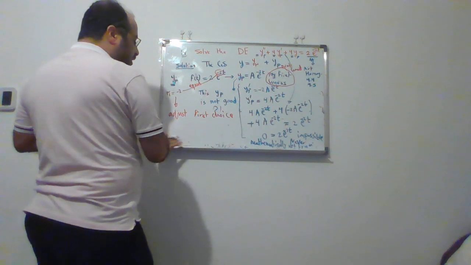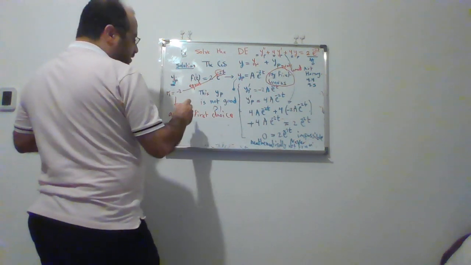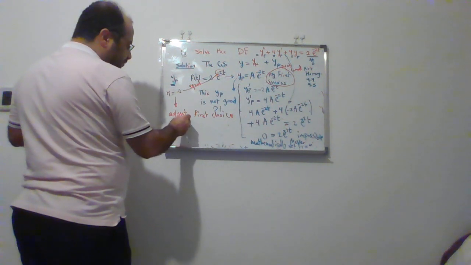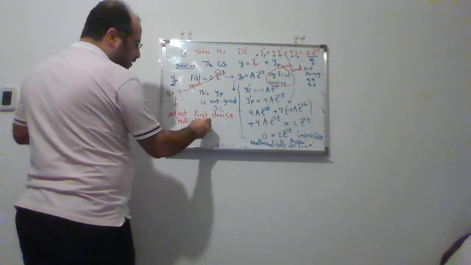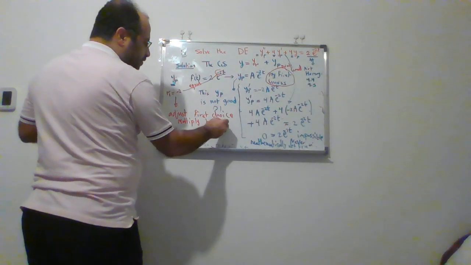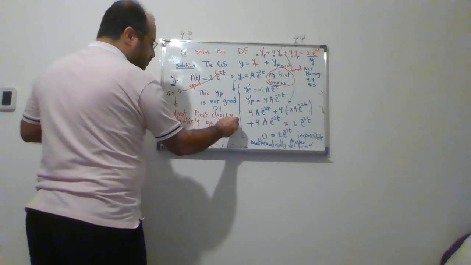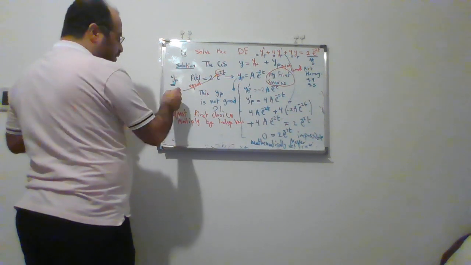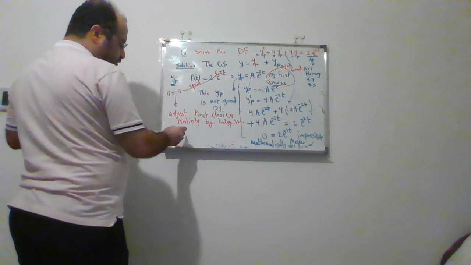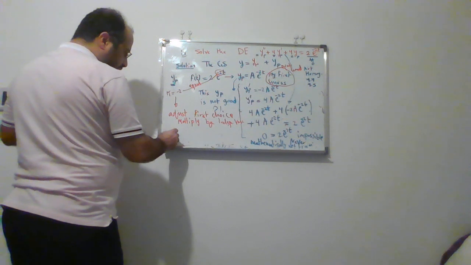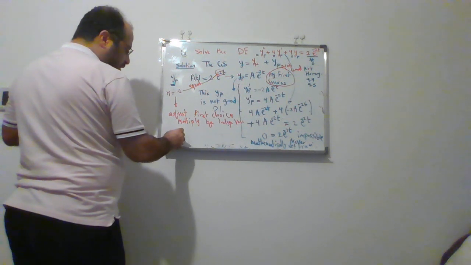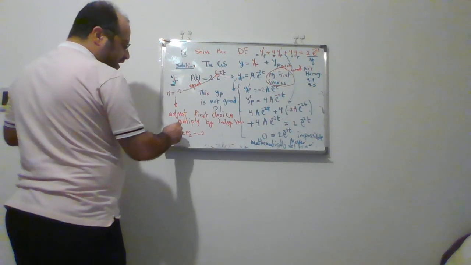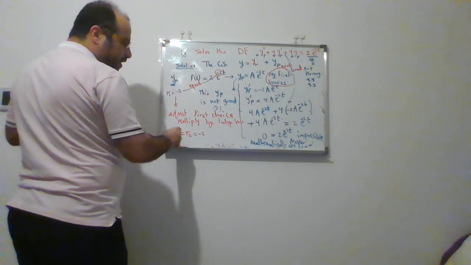How am I going to know if I should multiply by the independent variable? How many times? It depends on the multiplicity. If you have -2 two times, so R1 equal R2 equal -2, this means that the root is appearing twice.